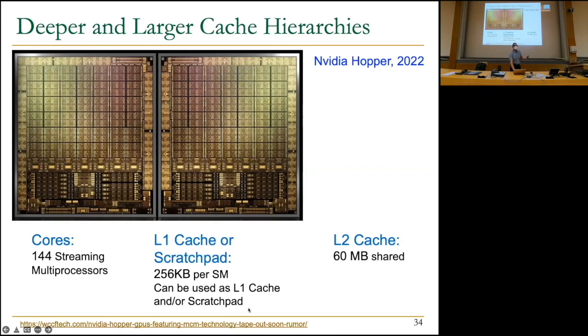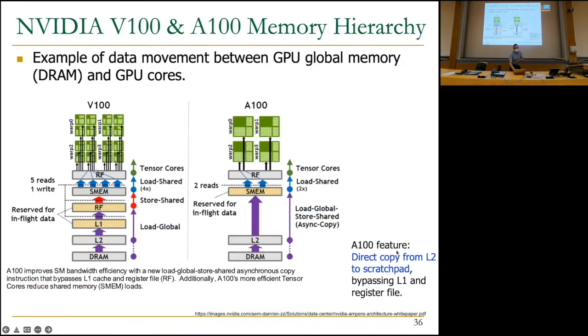If the programmer thinks they can manage the cache better, they will manage it as a scratchpad. It's not a cache anymore because it's not automatically managed. But the L2 cache is always automatically managed, as you can see. Okay, but there are other design decisions. For example, this A100 has a feature where you can directly copy from L2 to scratchpad.